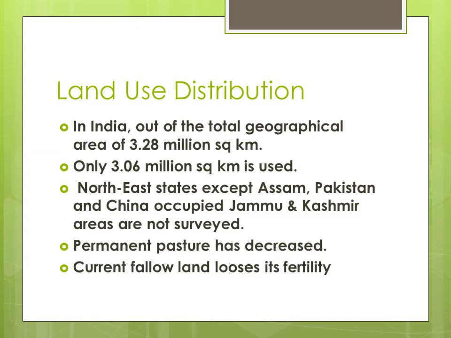Permanent pasture land has decreased. So this is the land distribution I am talking about. Current fallow land loses its fertility because of continuous usage. We had the last topic on fallow land, where we continuously grow crops, so it loses its fertility.